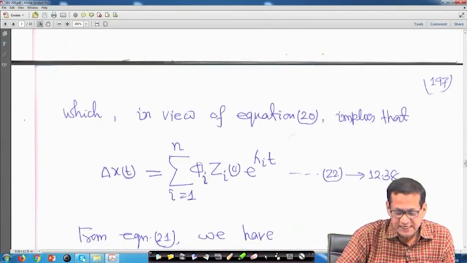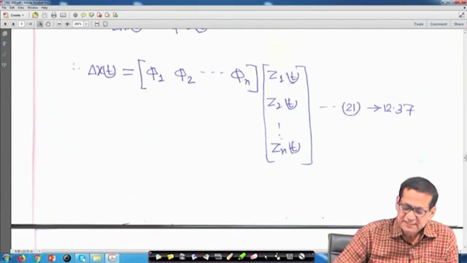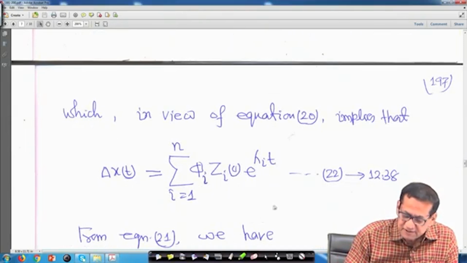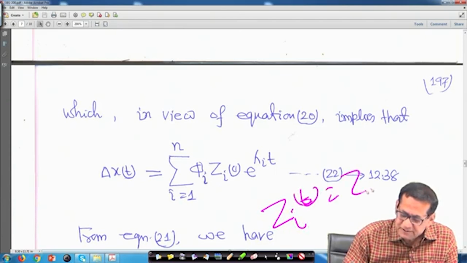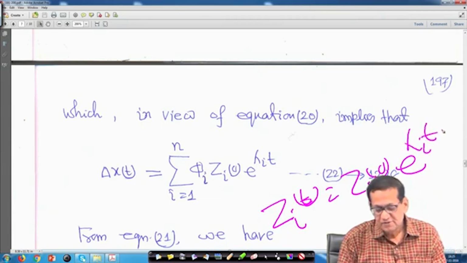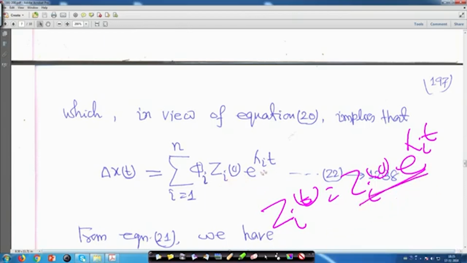So we replace z i t by z i 0 e to the power lambda i t, and the summation is over i is equal to 1 to n.